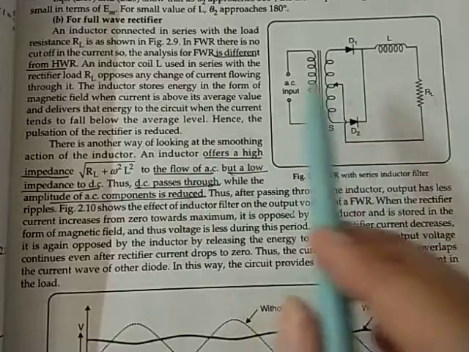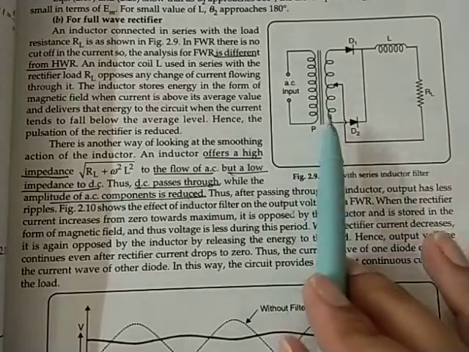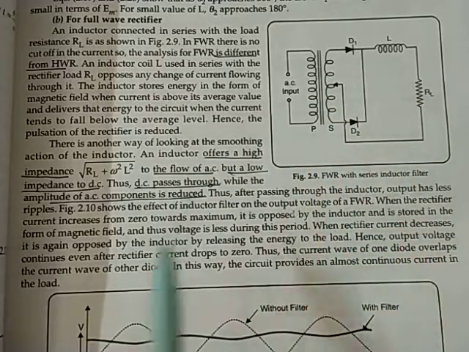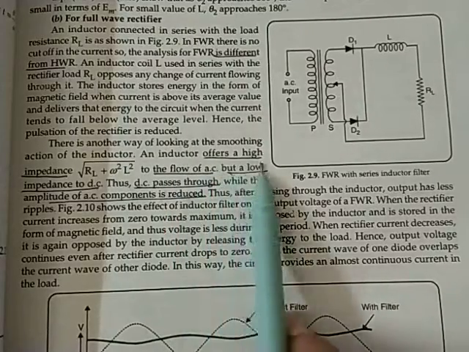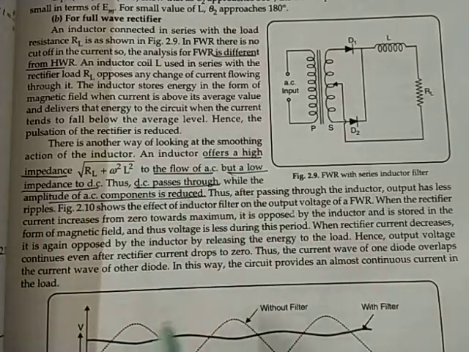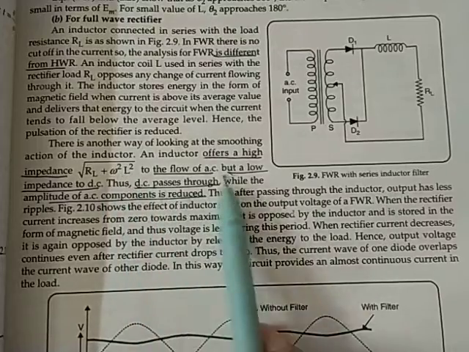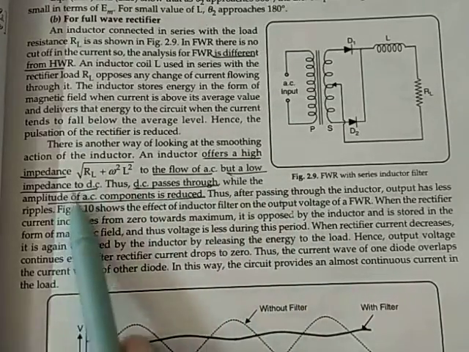So this whole theory is exactly the same, and yet they have given another way to look at the smoothing action of the inductor. Here they say that the inductor offers a high impedance to the flow of AC, but a low impedance to the flow of DC.